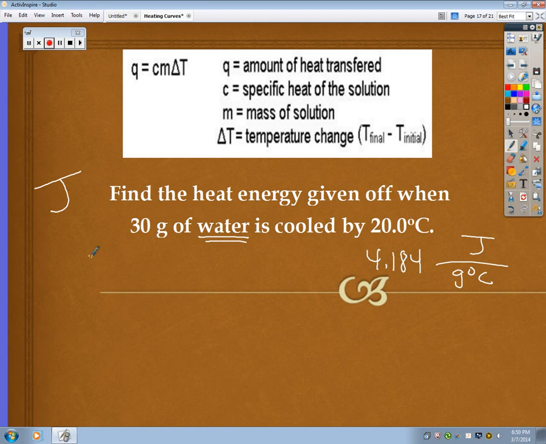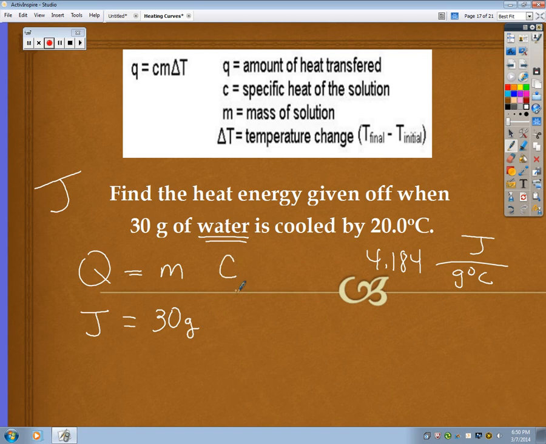So we are finding the joules. We don't know that. That's the cue. We have 30 grams. My specific heat, right? I'm sorry. I should do it like this, so I stay consistent. M, right? So 30 grams.